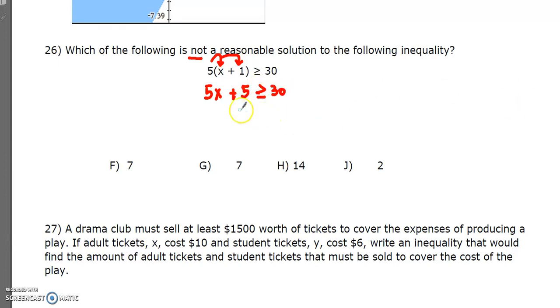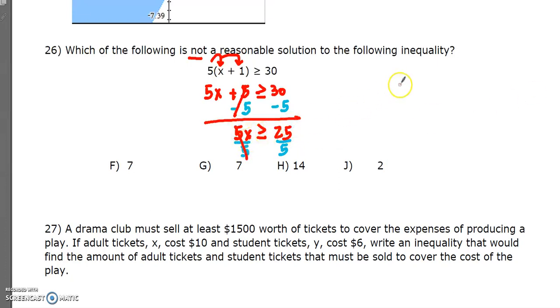I need to move this 5 over by subtracting 5 from both sides. So this is gone. It leaves me 5x greater than or equal to 30 minus 5 will be 25.